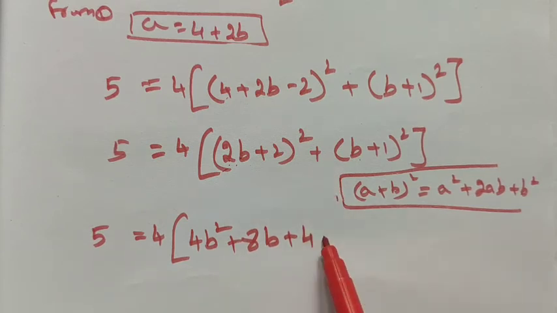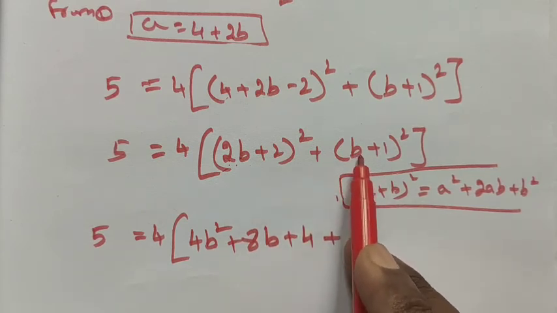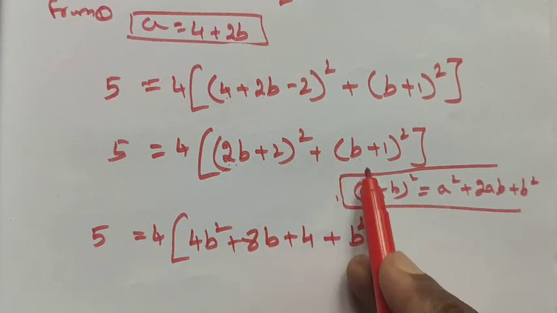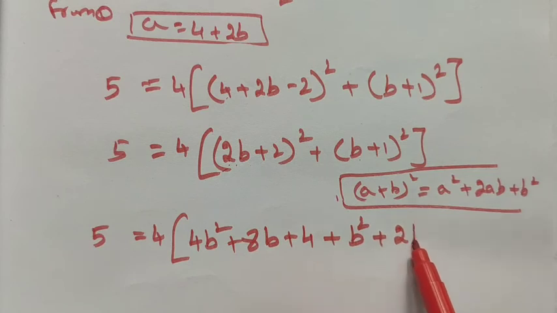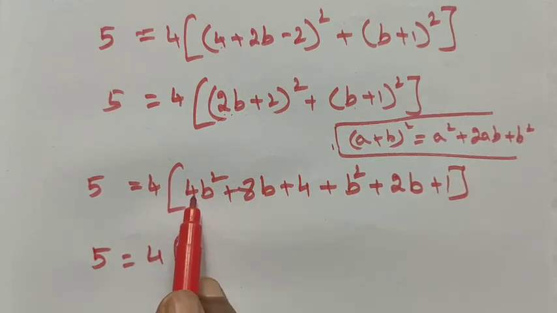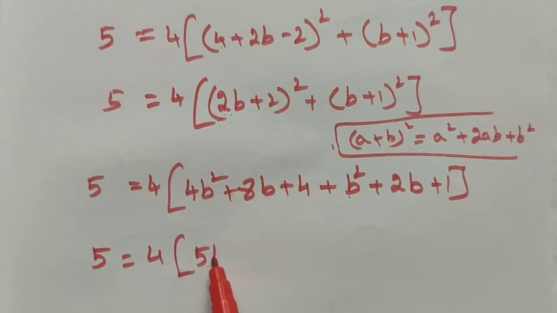Now here we have plus. Now come to this point, a square means, in the place of a, is b square plus 2b plus 1.